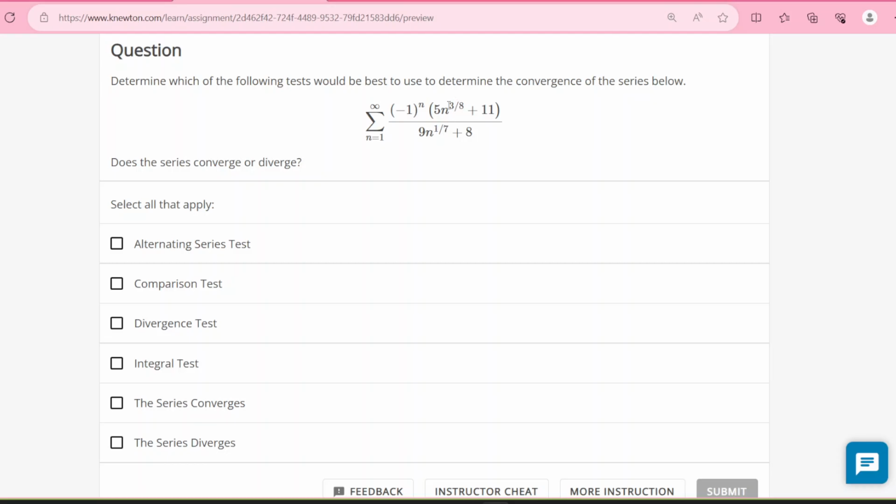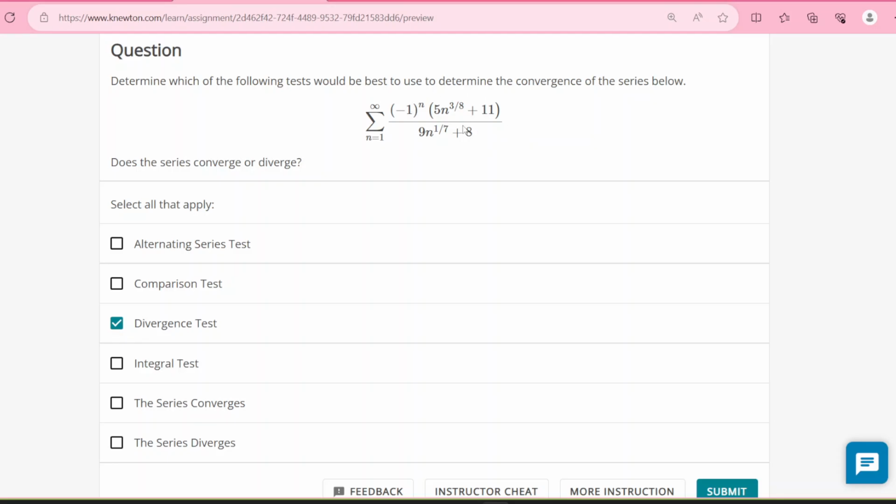So the numerator became much larger, much faster than the denominator, and the terms aren't even going to 0. Right away, that's honestly the first thing I always look at when I'm given an infinite series and asked, does it diverge or converge? The first thing I look at is the terms.